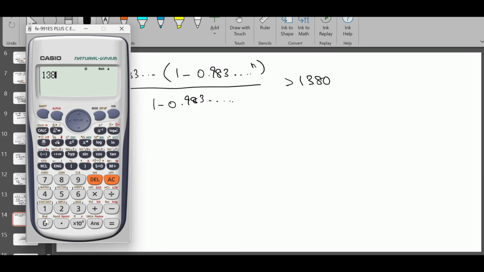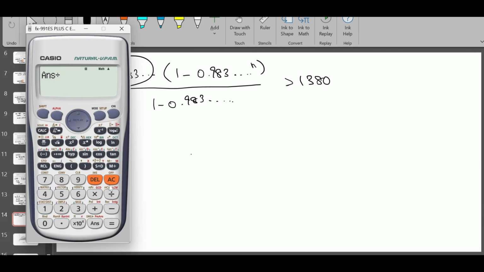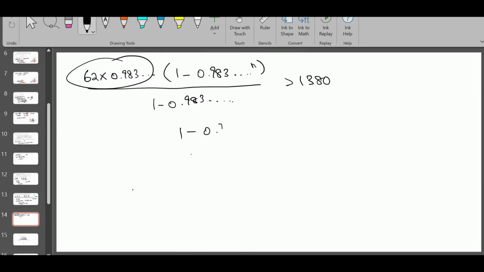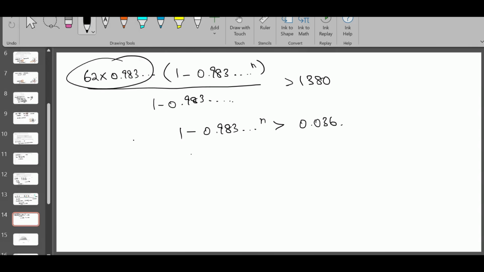So 1380 times 1 minus B, get the value, divided by 62 times R again. So 1 minus 0.983... to the power n is greater than this value, 0.036... Okay, and then bring this term here, this term here.